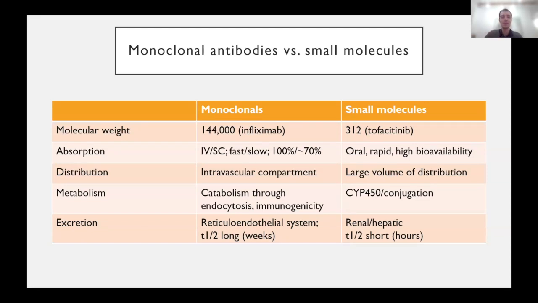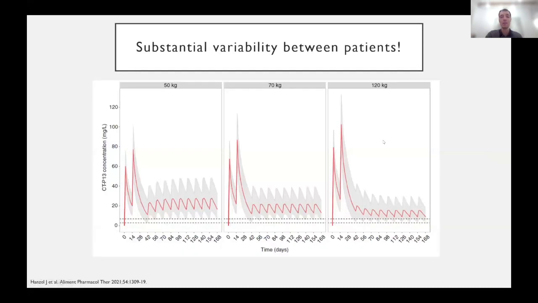So we've seen immunogenicity. Another important factor for monoclonals is the rather substantial inter-individual variability in pharmacokinetics between patients. Here we see simulations for infliximab in a number of patients, and the shaded gray area shows the 5th percentile at the bottom and the 95th percentile at the top.